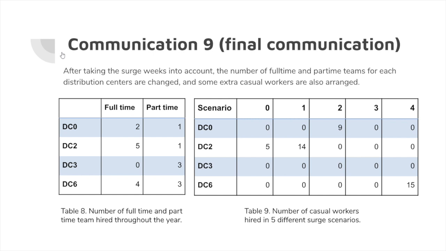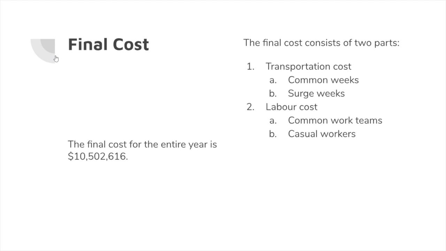As shown on the table, some extra casual workers are also arranged only for the surge weeks, as shown in Table 9. For example, for scenario 0, we only arranged 5 casual workers for distribution center 2, and not the others. The final cost is now being presented on a yearly basis.